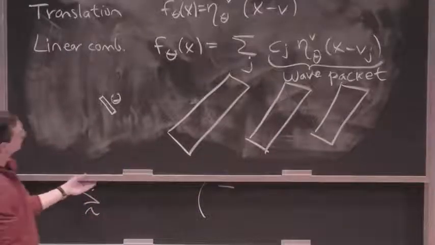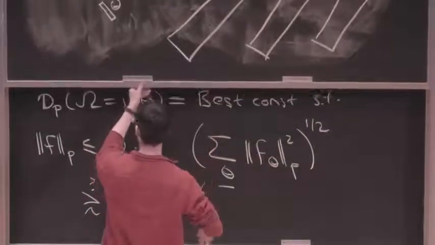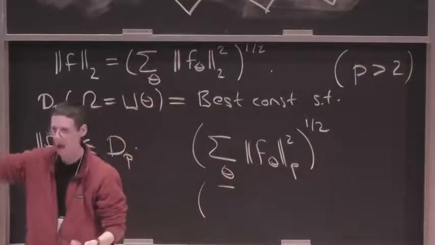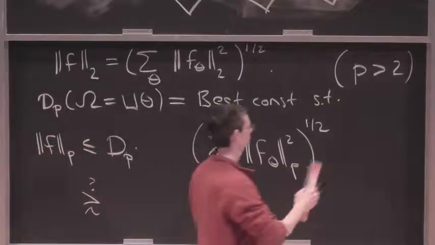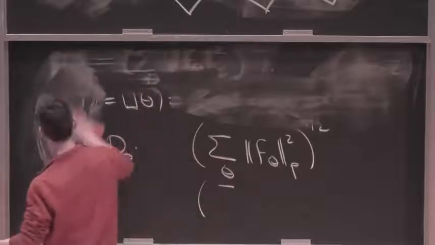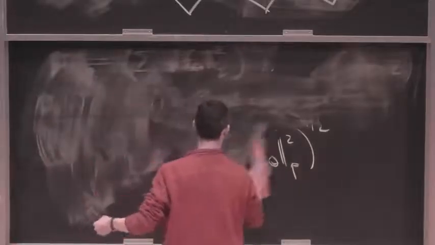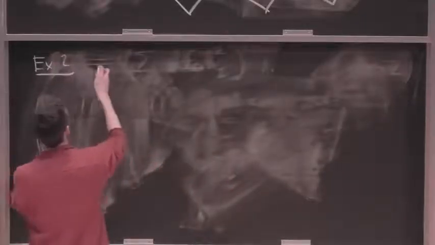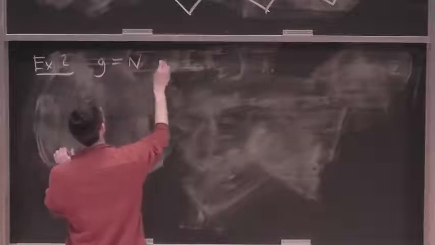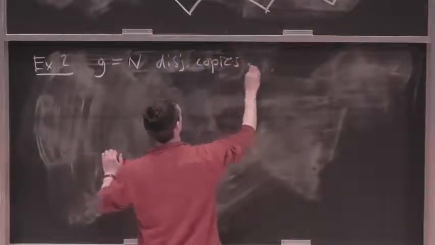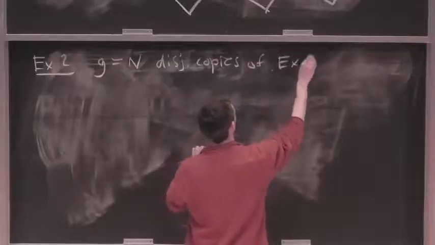OK, so that leads to some more examples. So my second example is just to take a whole bunch of disjoint copies of my first example. So example 2, g is equal to n disjoint copies of example 1.